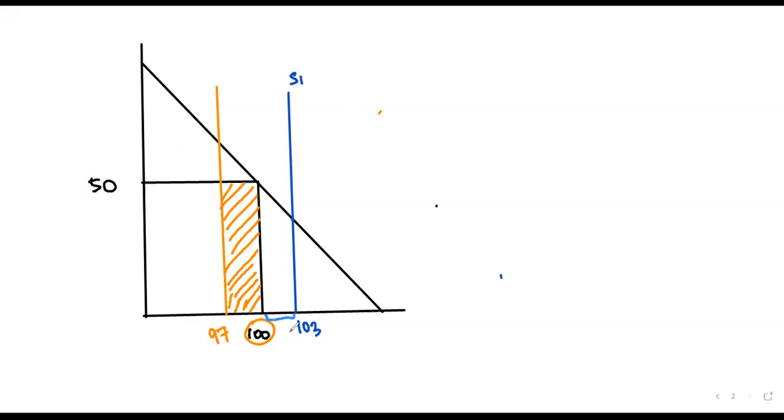So you have this much amount. The government adds the extra 3 units to the buffer stock.